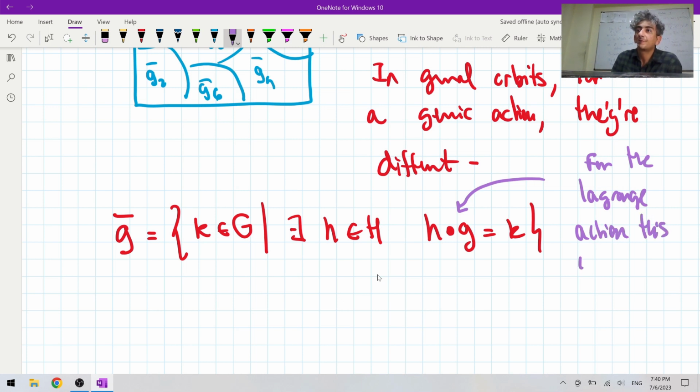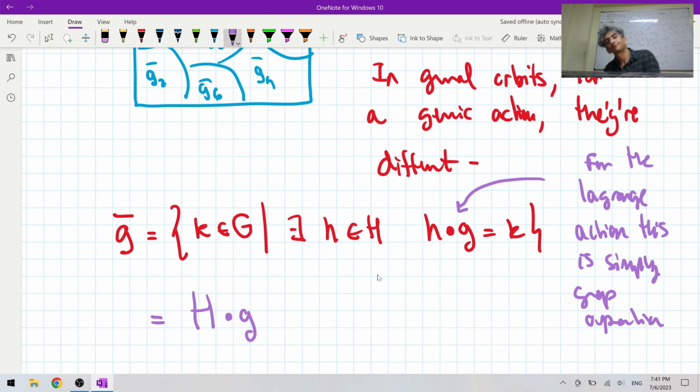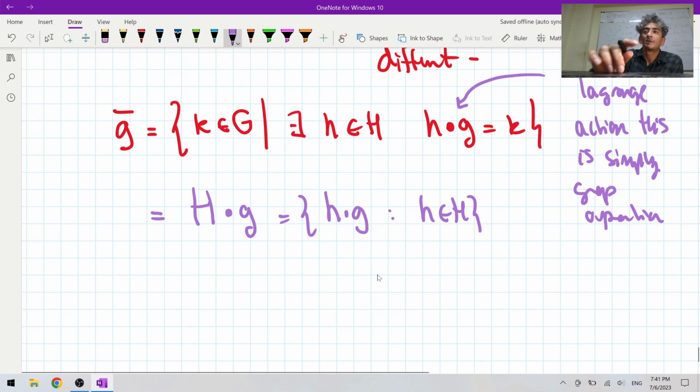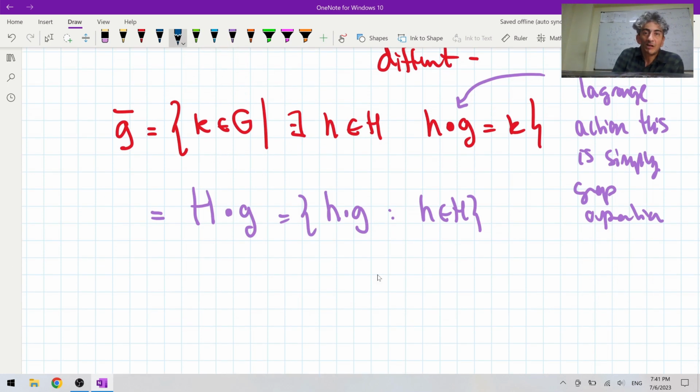This is simply the group operation. So the class of G is actually the set H times G, and we mean all the things of the form H times G for H in H. So this means that whenever we take an element of G and take a look at its orbit, it's always of this form.